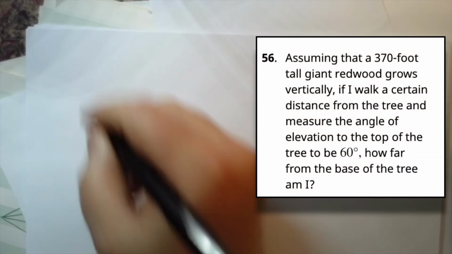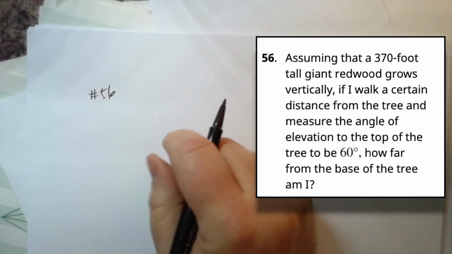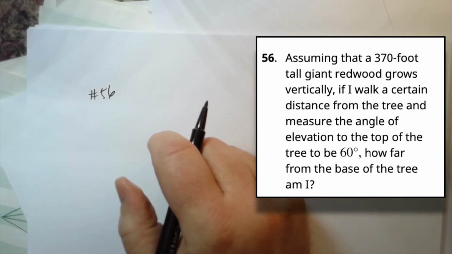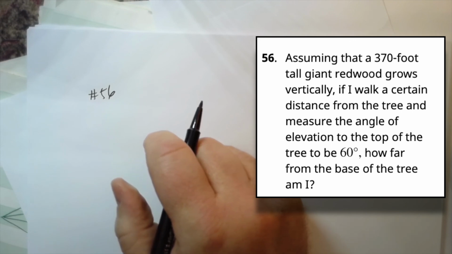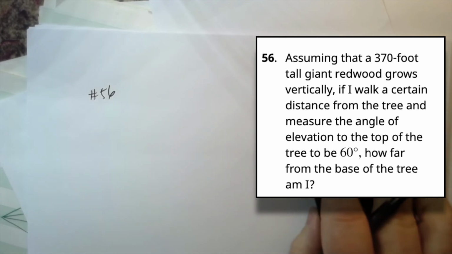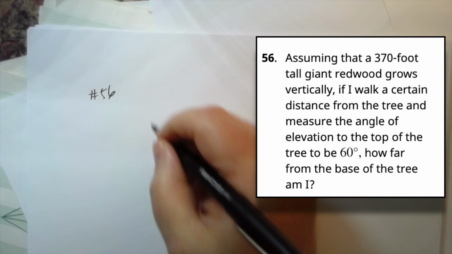Assuming that a 370-foot giant redwood grows vertically, if I walk a certain distance from the tree and measure the angle of elevation to the top of the tree to be 60 degrees, how far from the base of the tree am I?